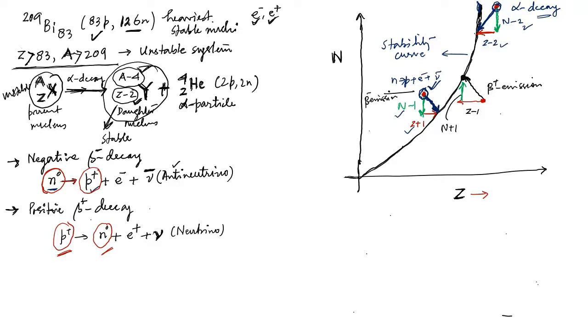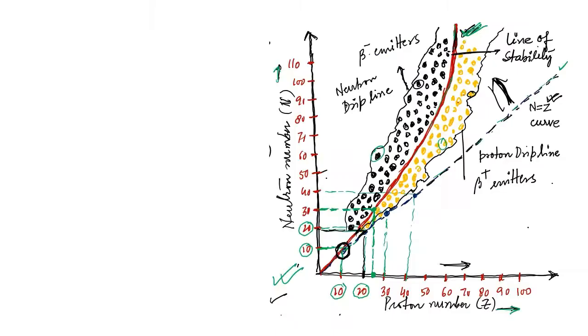Another important point which I want to discuss here is the nuclear drip line. Let me come to the previous slide. So there are two types of drip line.